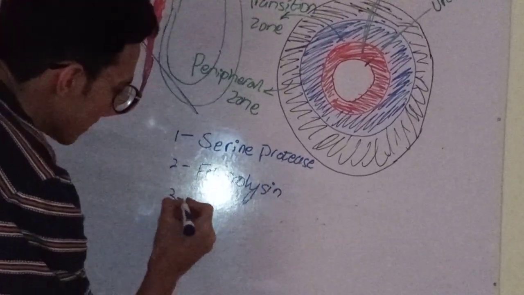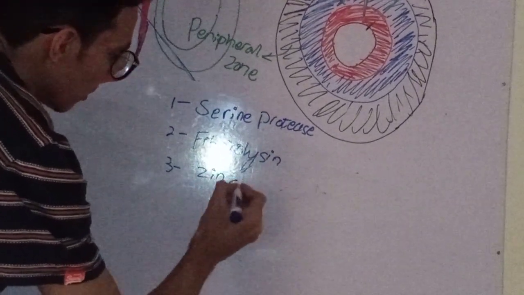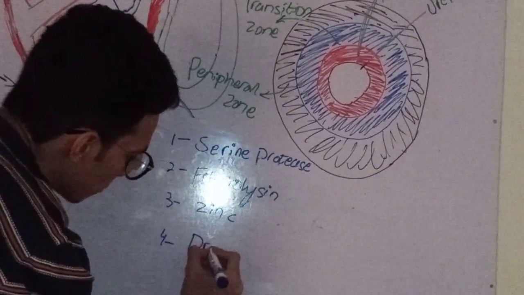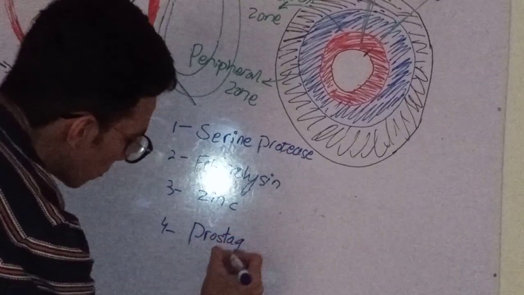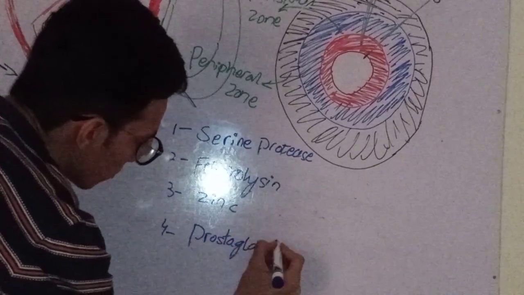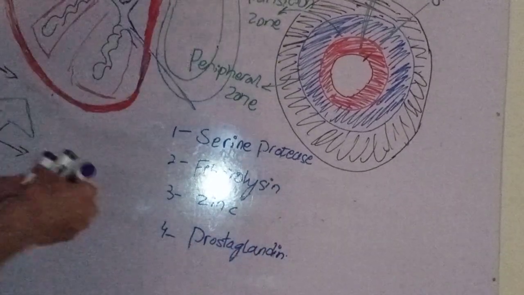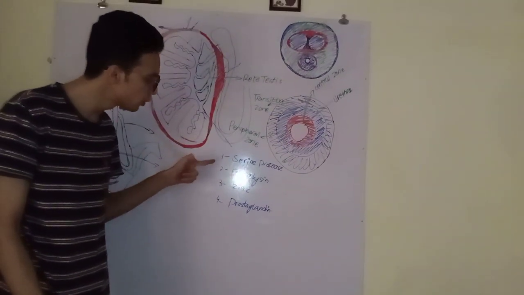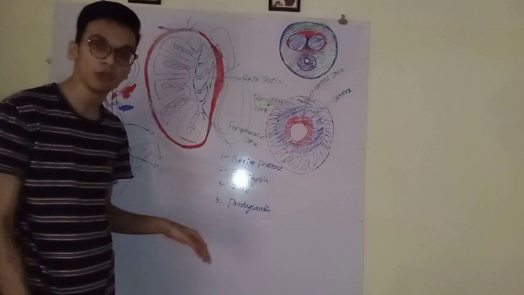The third is zinc. The fourth is prostaglandin. These are the four components released by the prostate gland: serine protease, fibrinolysin, zinc, and prostaglandin.